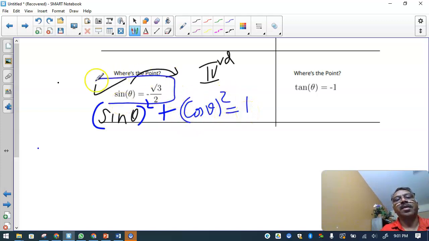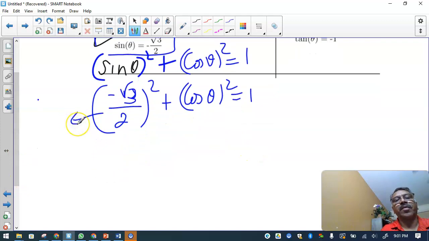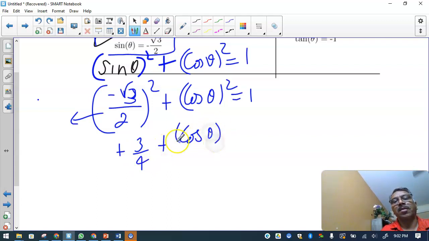Now sine is given here, so it is minus square root of 3 divided by 2, and you have to square this, plus cosine theta squared is 1. Now if you square root 3 it will be positive, you get 3/4. Then you subtract 3/4 from both sides.